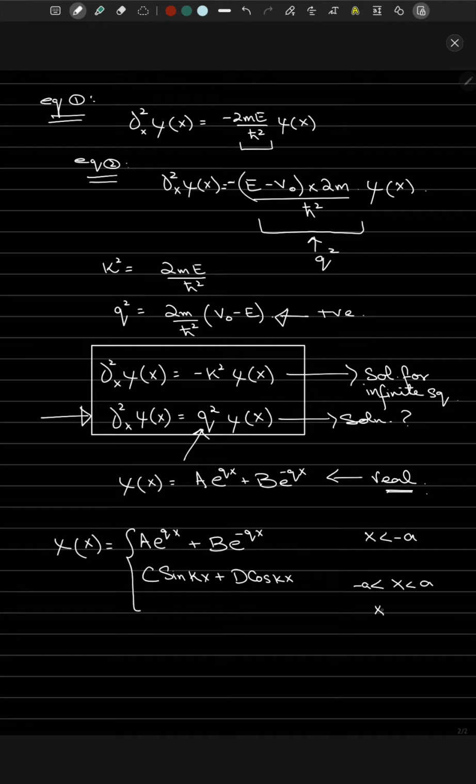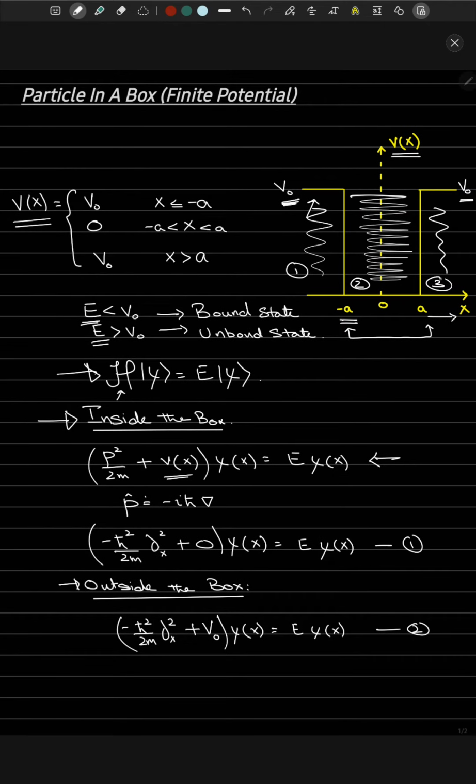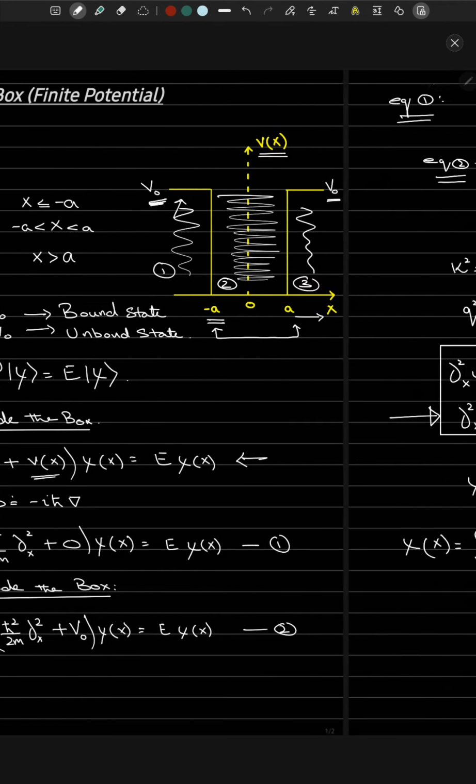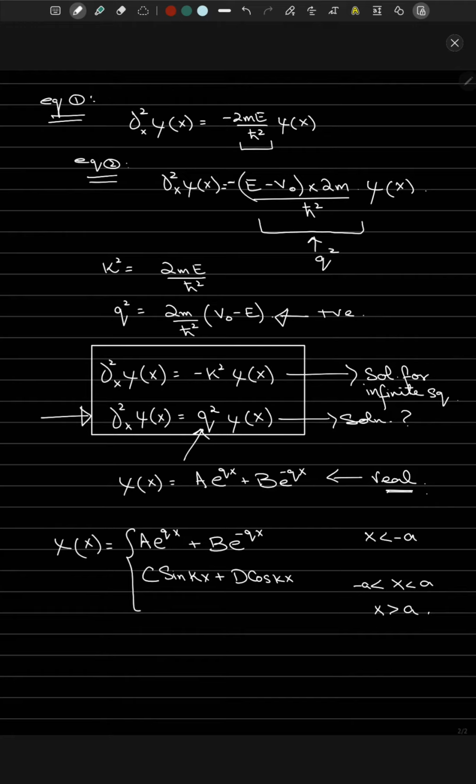And again, for x greater than a, which is the region that is again outside, this region 3, you would have the same solution as this one, with different constants, of course. So let's call it f e power qx plus g e power minus qx.